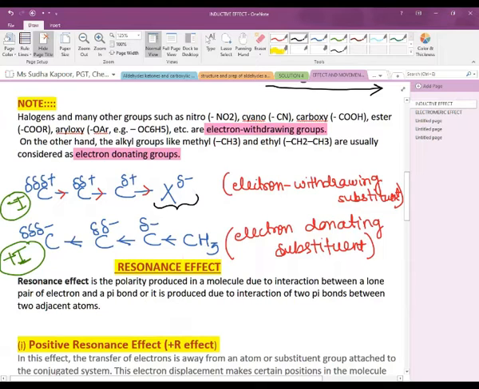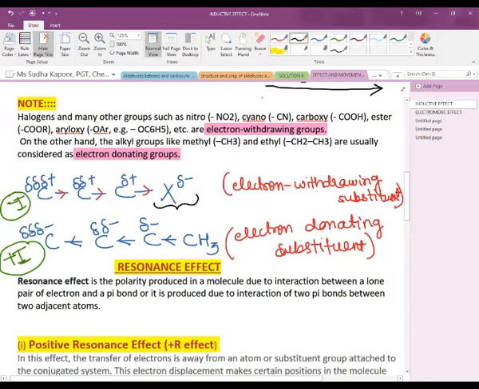This shows the electron withdrawing substituent effect and the electron donating substituent effect, that is the minus I effect and the plus I effect. Also remember that there is always a fractional negative charge on the atom or group which is pulling the electron towards itself. So this is about the inductive effect.